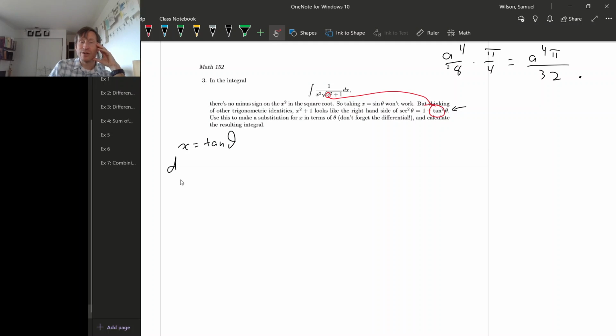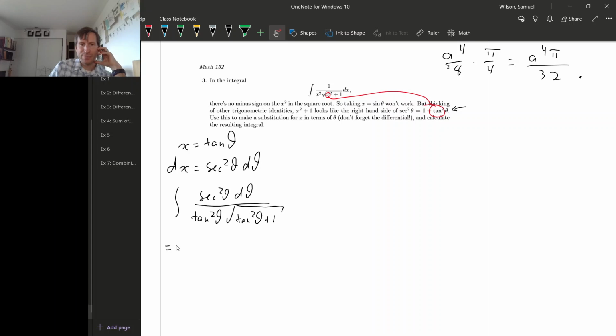So now we need to calculate differentials. dx is secant squared theta d theta. And now we can do the substitution. So we get integral of dx is secant squared theta d theta. And then in the denominator, x squared, that's tangent squared. And then square root of tangent squared theta plus 1.